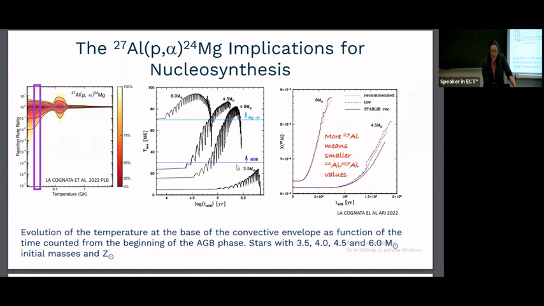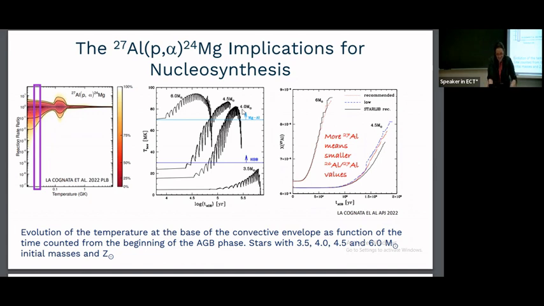And please notice that we can appreciate the effect here for the model affected by hot bottom burning, not from the abundances inside the hydrogen shell. In that case, we have no important effects. So I hope that we will have a stronger, smaller aluminum-26(p,α) and (p,γ) too.